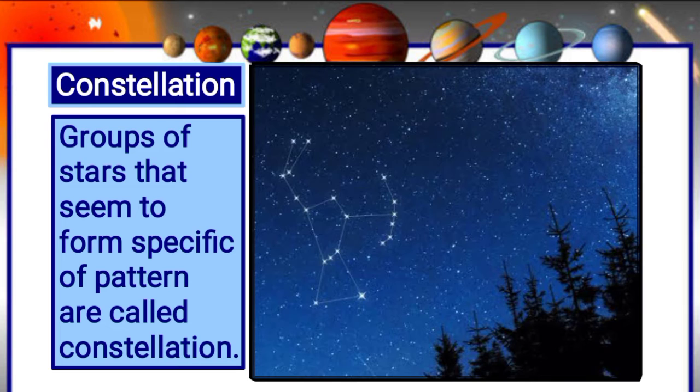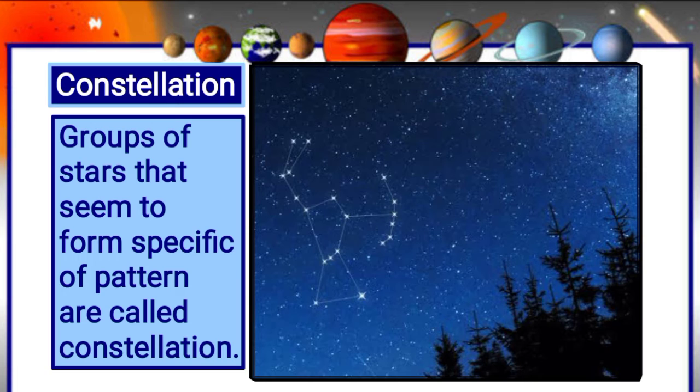Some constellations that are easily visible are Ursa Major, meaning the Great Bear, Scorpio, and Orion, meaning the Hunter. Another example is the constellation Leo, whose stars seem to trace the outline of a lion, and the name Leo means lion in Latin. Even the constellation Draco, whose name is Latin for dragon, is said to look like a dragon.